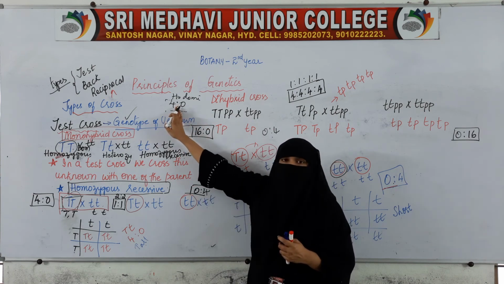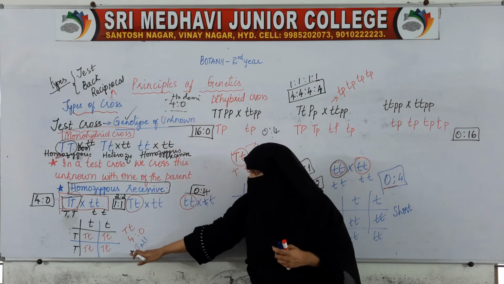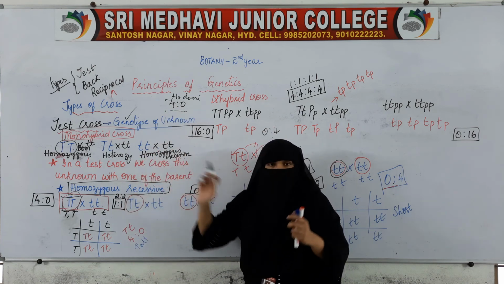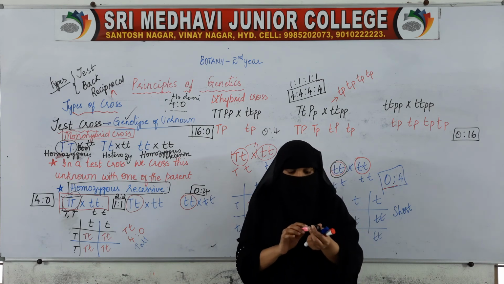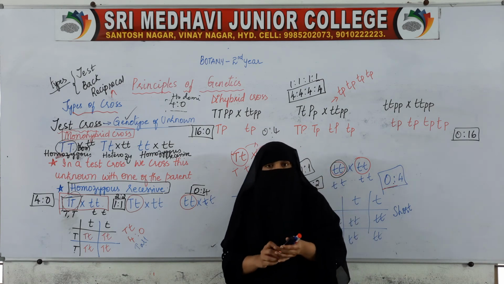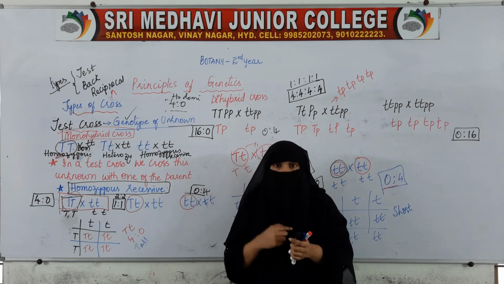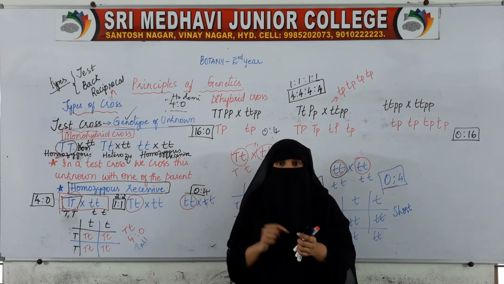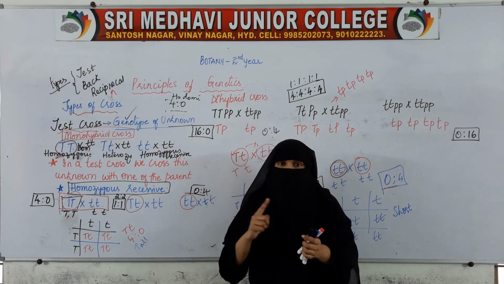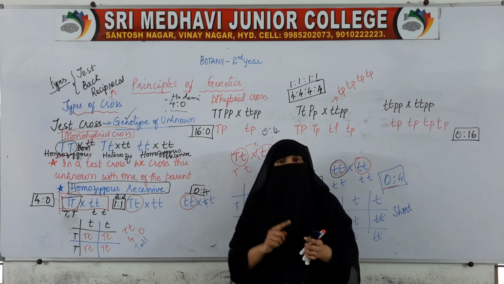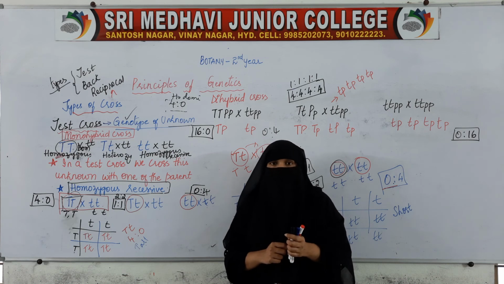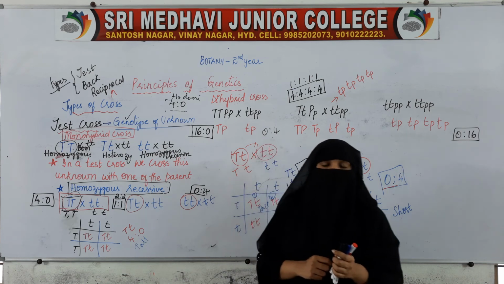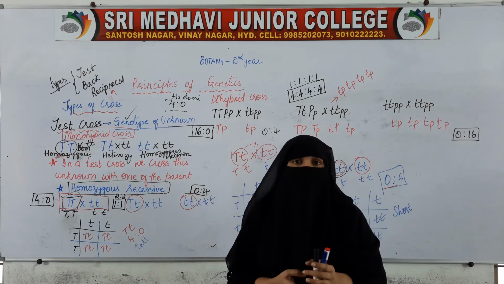By seeing the ratio, we can backtrack it, because genotype can be of only 3 types. If the ratio is 0:4, then the genotype is homozygous recessive. If the ratio is 1:1, then the genotype is heterozygous. And if the ratio is 4:0, then the genotype will be homozygous dominant.